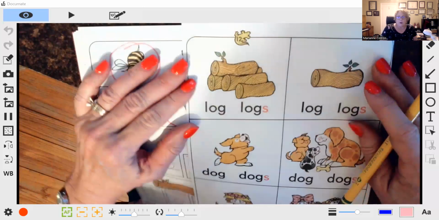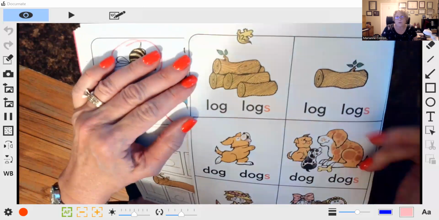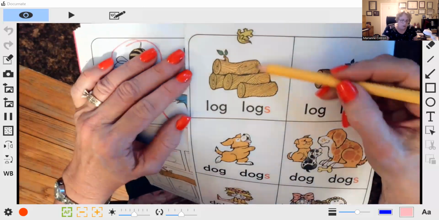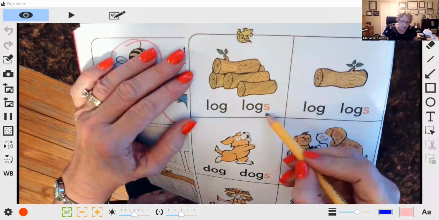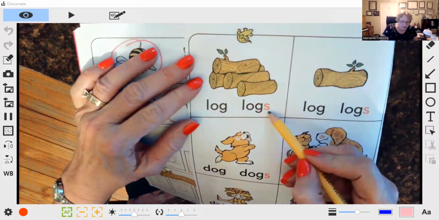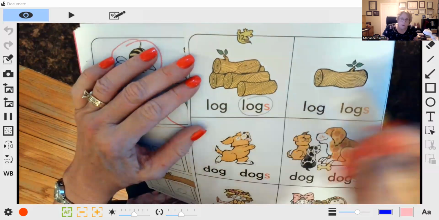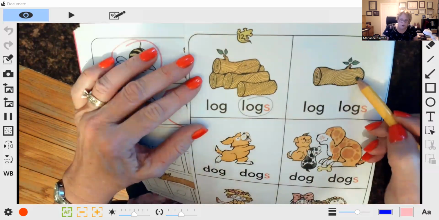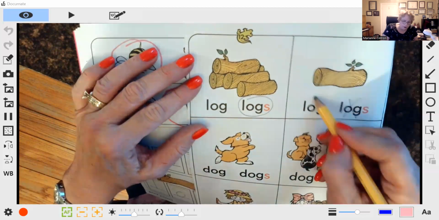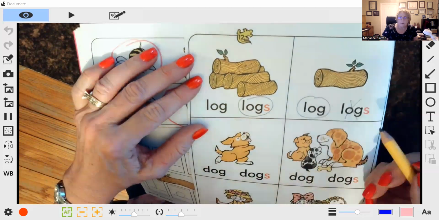Now, this is really cool. We're introducing plurals. When you have a lot of logs, we have an S at the end. So here we're going to use S. When you have one, there's no S. So we're going to circle log.